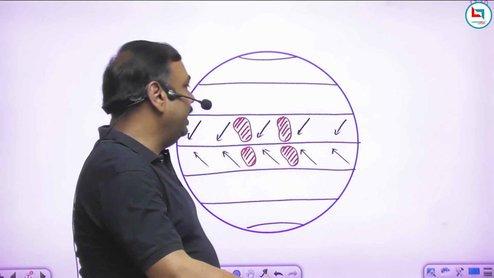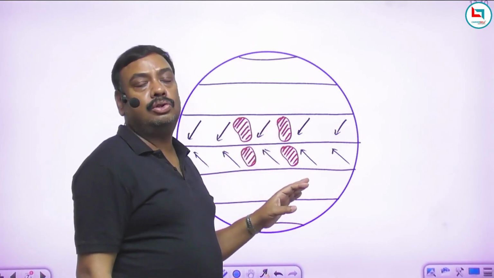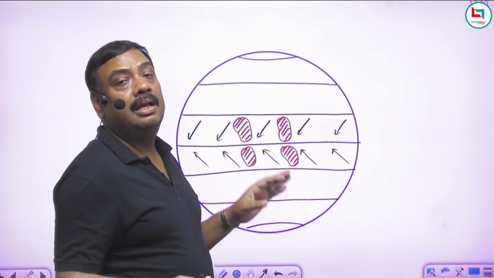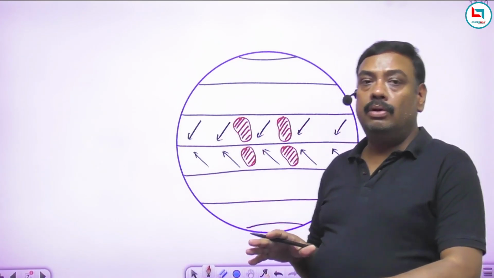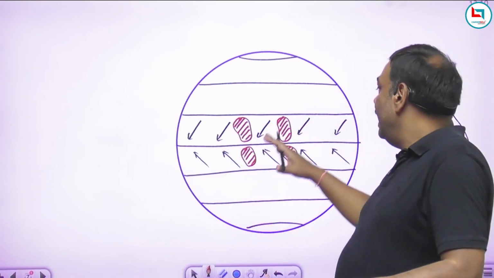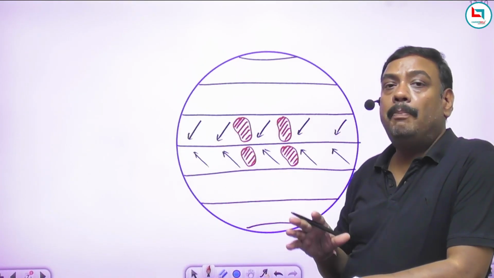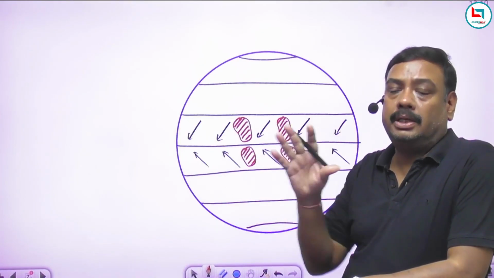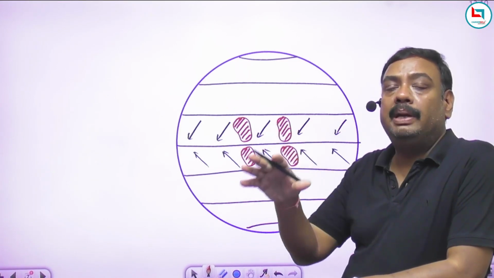And that is why, due to this process, nearby the east coast of the continent, the temperature of the water is found to be more than the remaining part of the ocean. Why is it so? Piling up of warm water due to onshore trade winds or onshore prevailing winds.